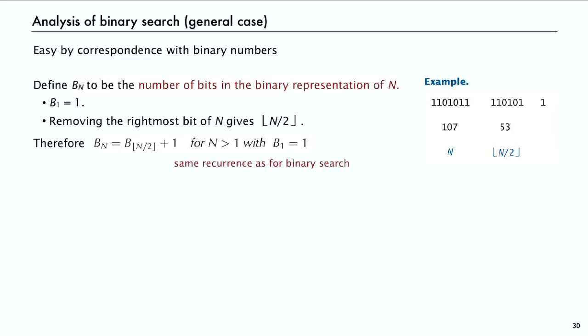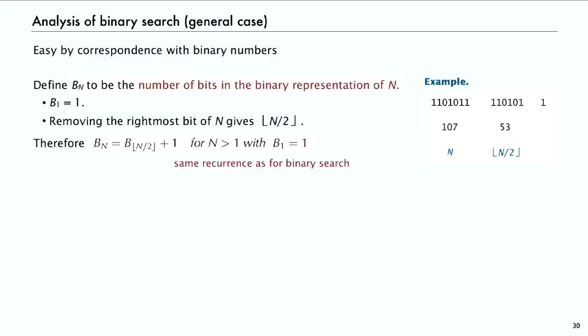You can check pretty easily that what you can do is just remove the rightmost bit. If you remove the rightmost bit, you get floor of n over 2. And you removed 1 bit, so the number of bits in the binary representation of n is the number of bits of the binary representation of floor n over 2, plus the 1 bit.